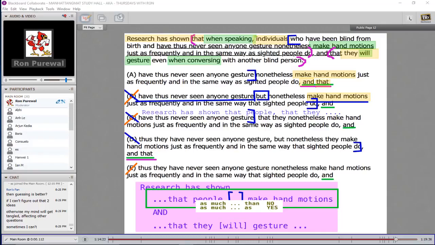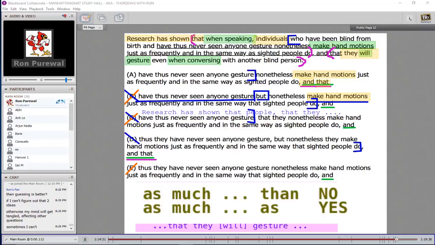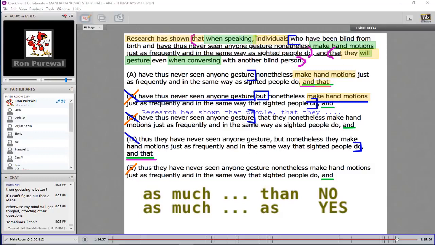In this case, it's "as frequently." Same sort of thing. Let me white out the appropriate things. Okay, this is not just for "as much."